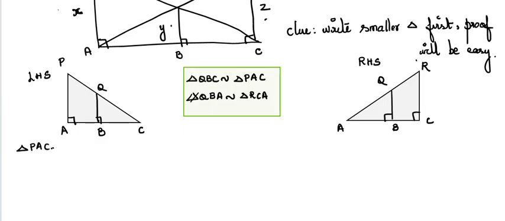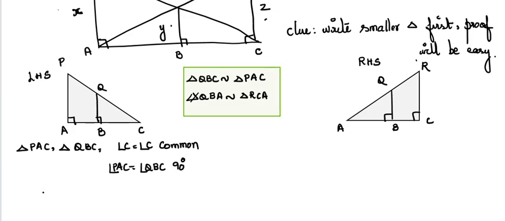Triangle PAC, triangle QBC, angle C equal to angle C common, angle PAC is equal to angle QBC, 90 degrees, by AA similarity, triangle PAC is similar to triangle QBC.